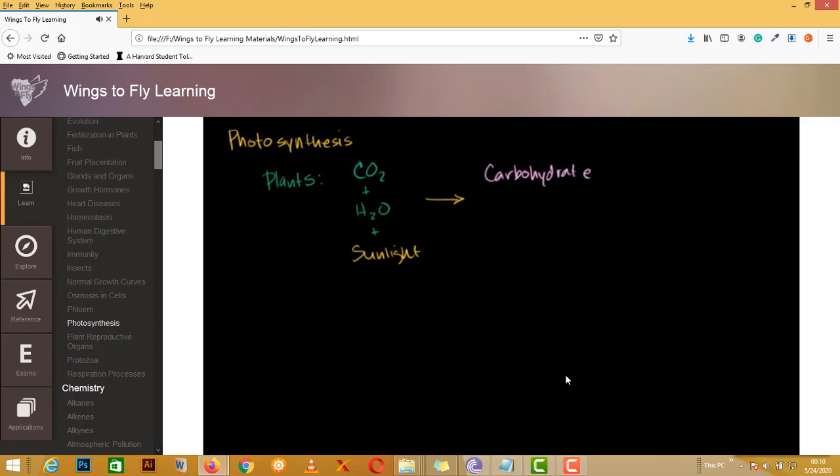And obviously this has two very profound pieces to it for us as a living species. One, we need carbohydrates or sugars in order to fuel our bodies. You saw that in the cellular respiration videos. We generate all of our ATP by performing cellular respiration on glucose, which is essentially a broken down carbohydrate.